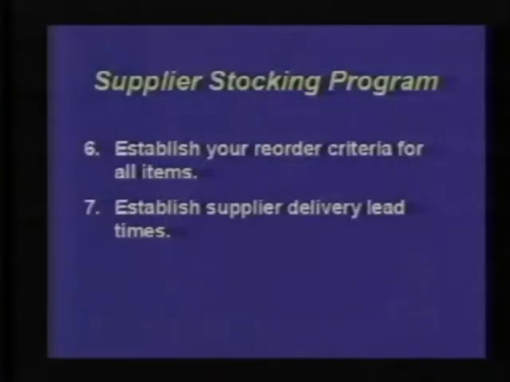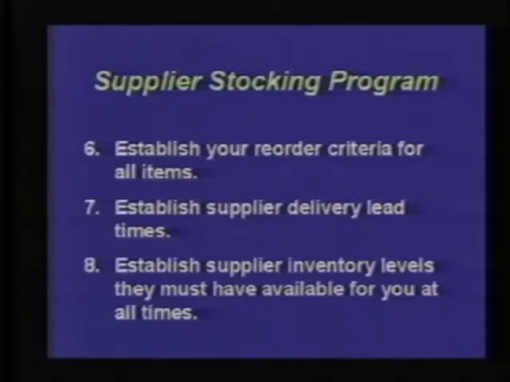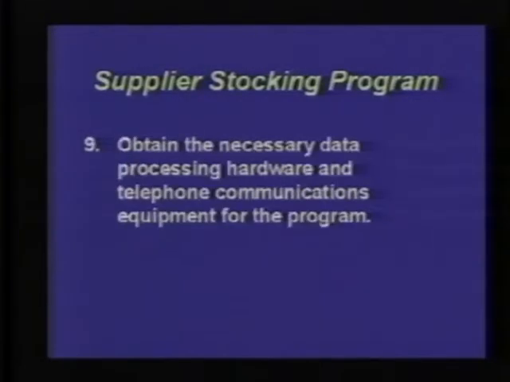Item 7 is the delivery times for the items from the supplier. You want to establish the inventory levels that the supplier should retain for you as step 8. And then step number 9 is, if you're going to computerize your storeroom, you may want to commingle this directly to the supplier with a dial-up line, which would go directly from the storeroom to the supplier.